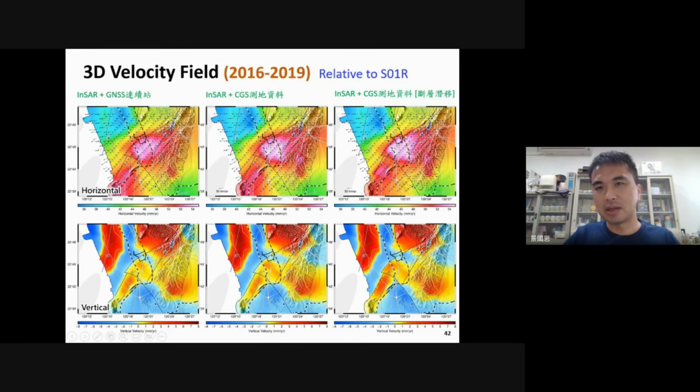Eventually we know this segment of fault is creeping, and we know the type of fault based on this data. So this is the case of interseismic deformation, because all of these results are collected between two earthquakes.